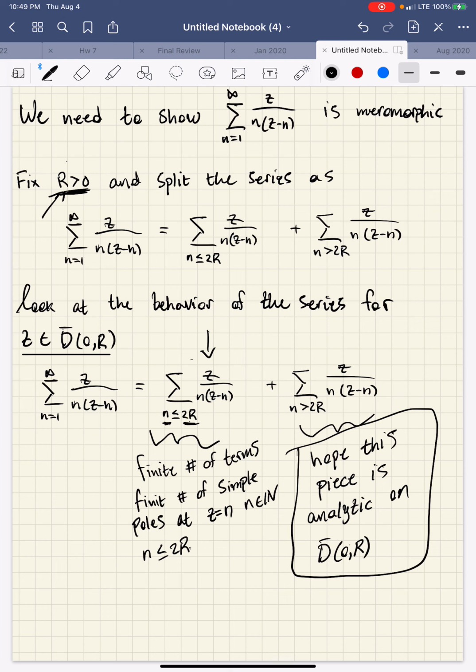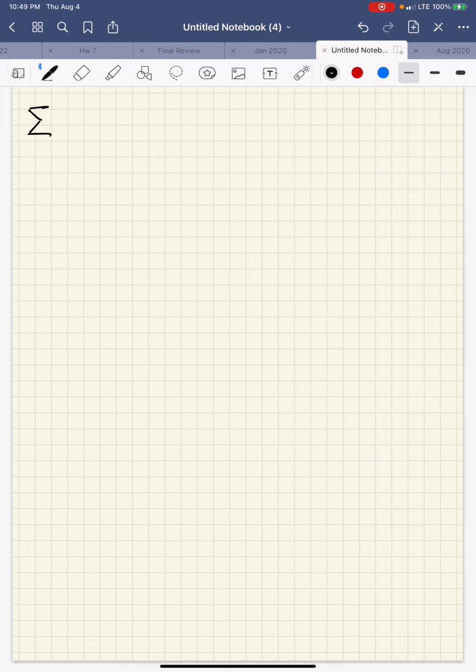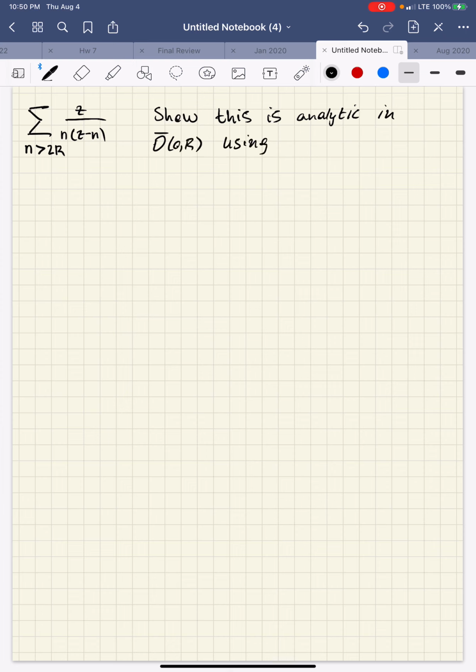In order to do this, we're going to use the Weierstrass M test. So we're looking at the series n strictly greater than 2r, z over n times z minus n. We want to show this is analytic in the closed disk about the origin of radius r using Weierstrass M. What does the Weierstrass M test ask us for?